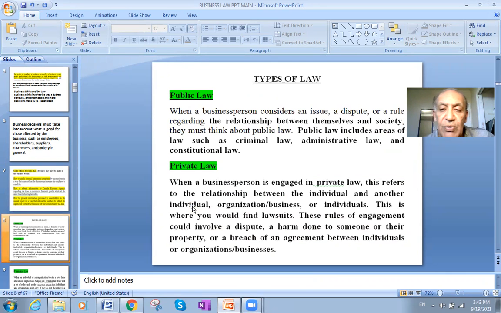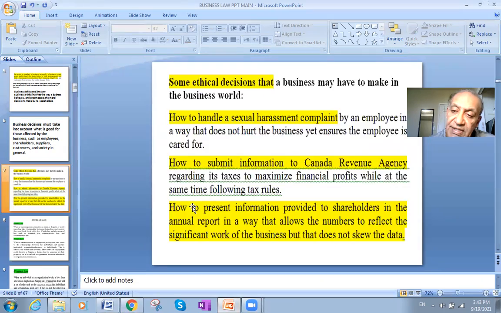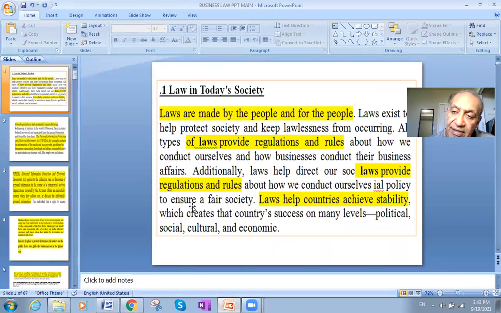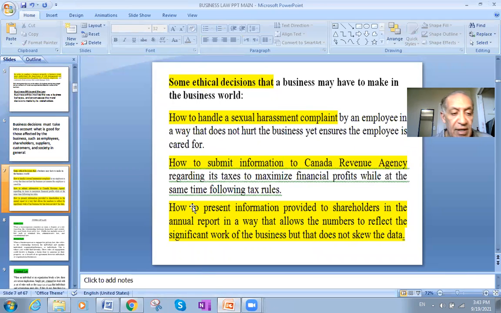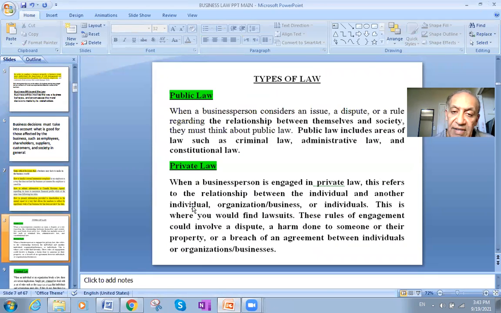Before we move into the types of law, again, the answers to these 3 questions are on the slides, from page 1 to page number 7. You can Google it as well to get more details, as long as you understood what I said here.